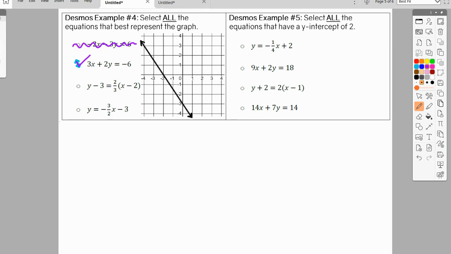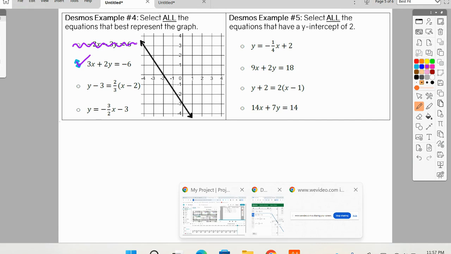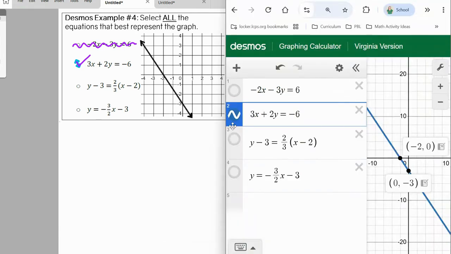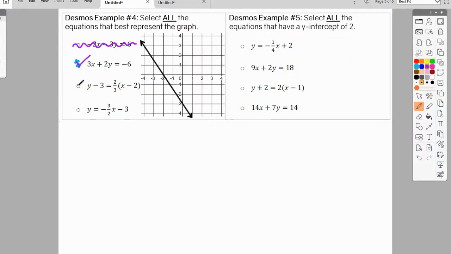Now that I have the graph, I'm going to keep up that example and try option number 3. Not the same line, so get rid of it. And then option 4, notice how it ends up overlapping with the previous line, which means they're the exact same, they are equivalent. So I'll go ahead and check off number 4 as well. So the correct answers are option 2 and 4.